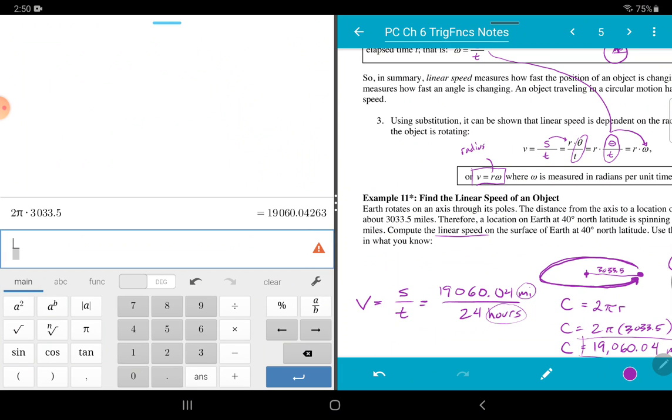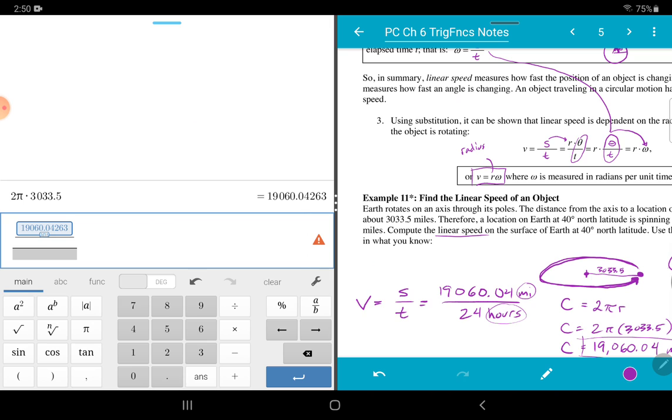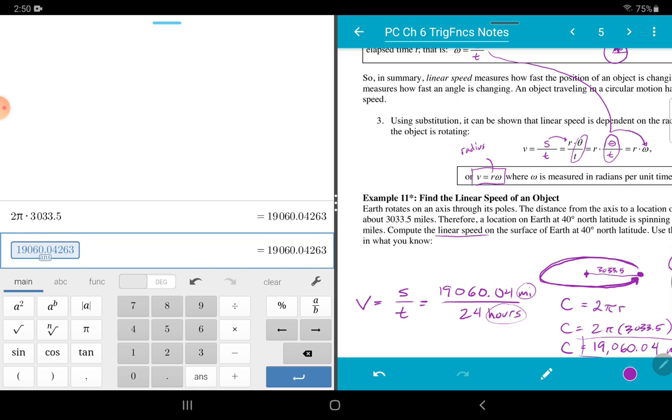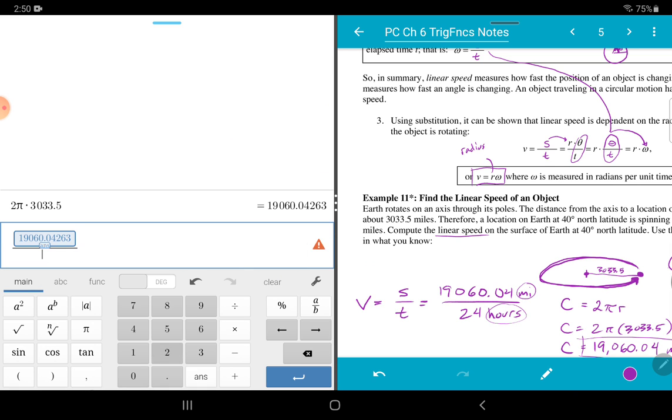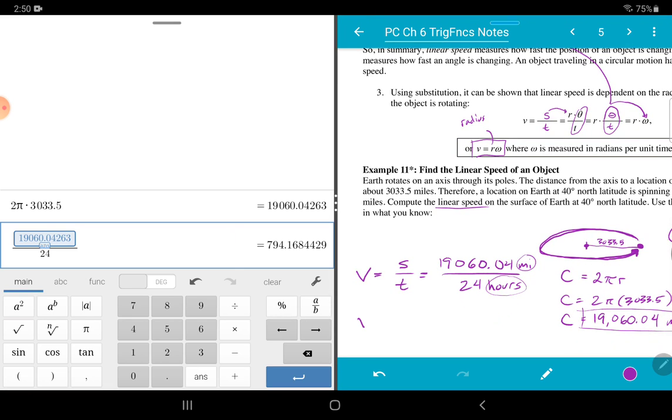Take my answer and divide it by 24. There we go. Okay, so it looks like our speed, our linear speed, is going to be 794.1, let's call it 794.17 miles per hour, just like that.